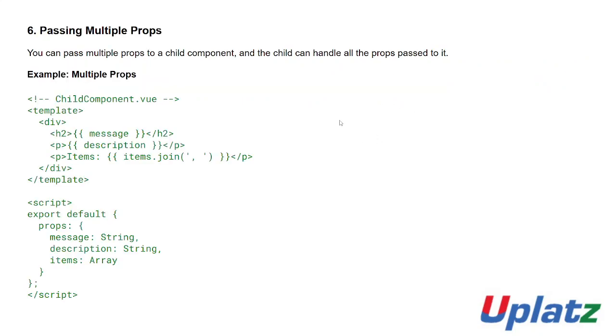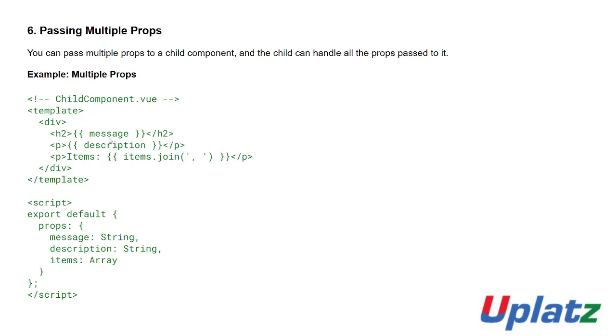Next, passing multiple props. You can pass multiple props to a child component and the child can handle all the props passed to it. Example, multiple props. This is child component.vue and here is the template. Div tag.